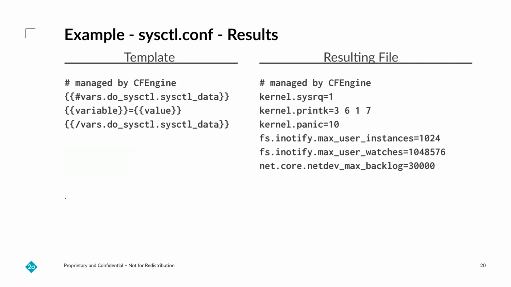And then the resulting file is just the template rendered with the variable equals value. So we get a lot of benefits from having reduced our configuration management to these few data-driven policies.